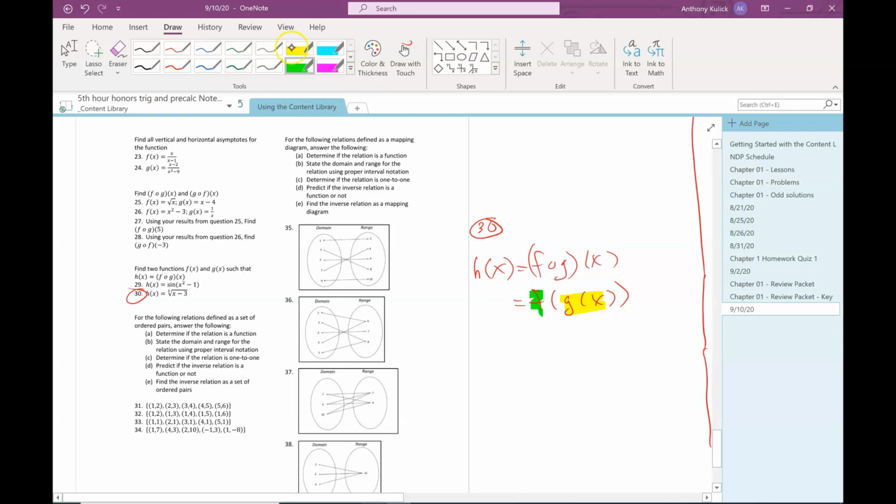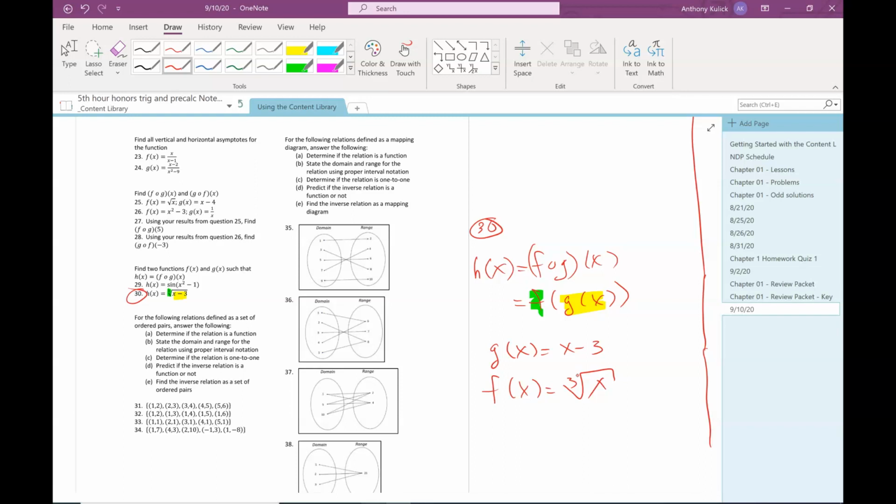To me it looks like x minus 3 is my inside, because that's the inside of what's going on for h of x. And my outside function appears to be the cube root of x, since that's the part that's around the whole thing.